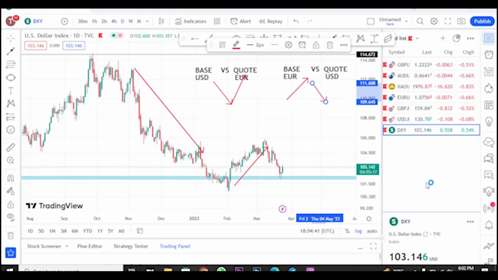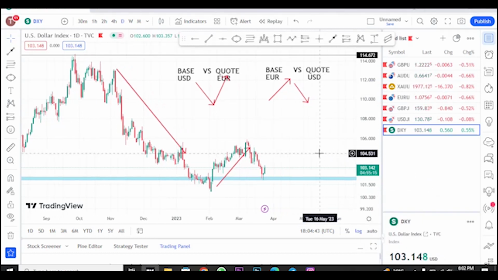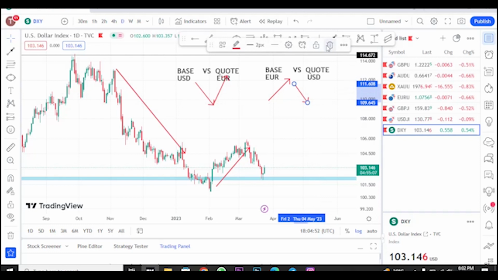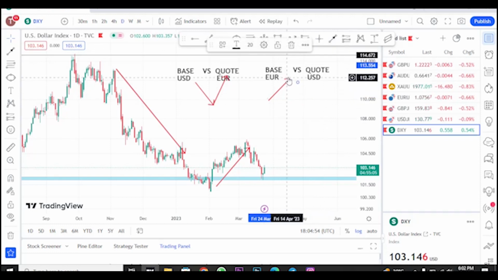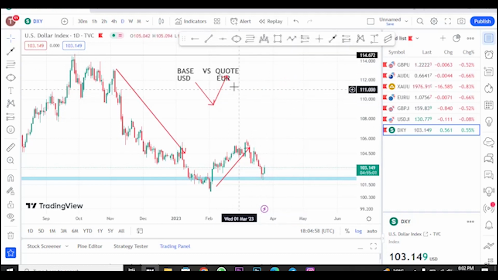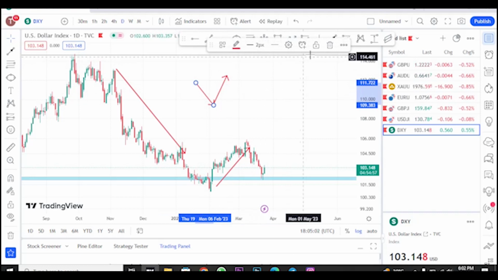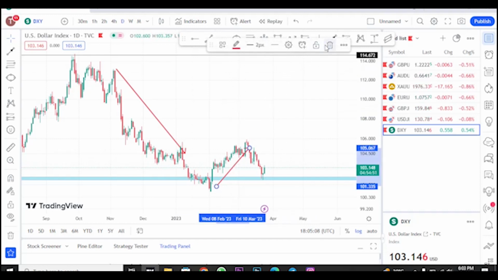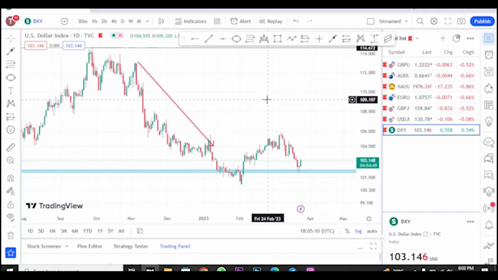So let's dive more into the other chart, and let me show you how the US dollar moves when it is paired with other currencies. Let me clear this one from the chart and do some quick explanation right here.